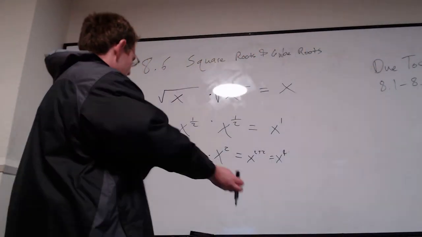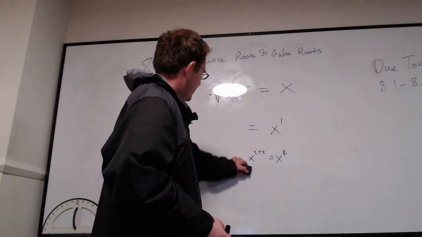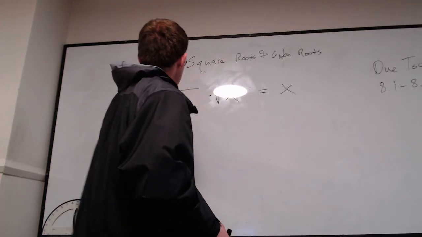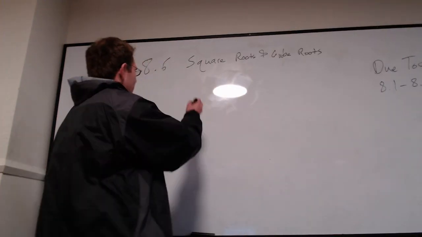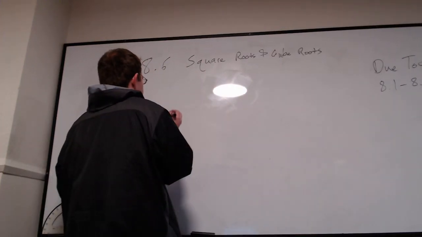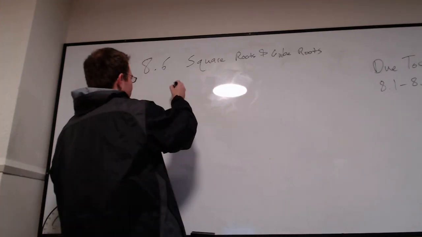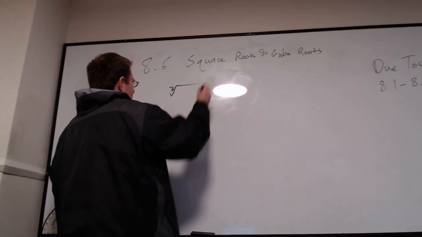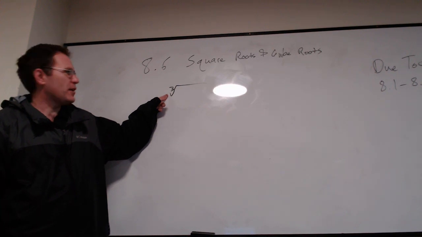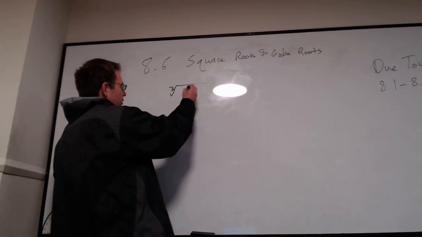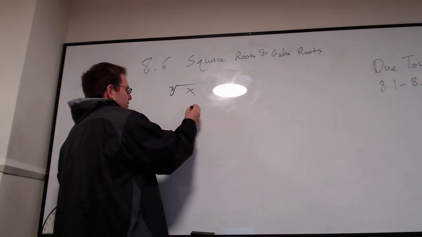This similarly applies for cube roots. A cube root is annotated with a little 3 here, like so. That's the symbol for a cube root instead of a square root. And the cube root of x is the equivalent of x to the 1/3.